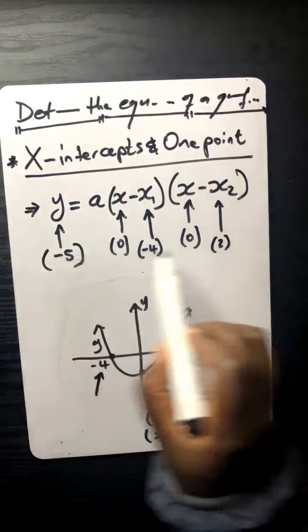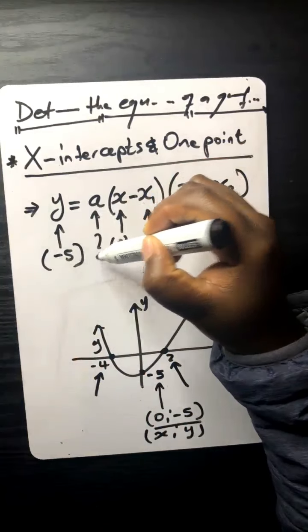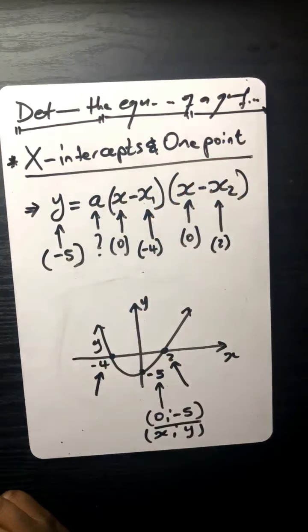You have substituted everything, and the only thing that you do not have is that A value. So what does it mean?